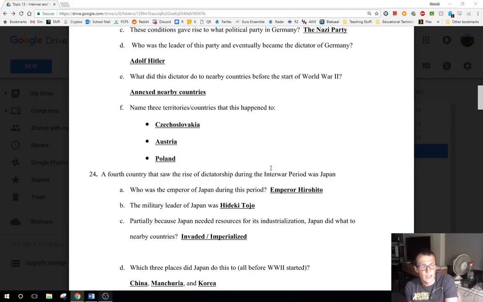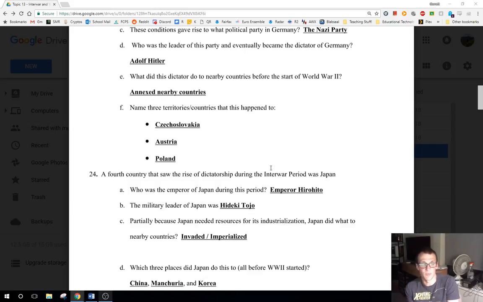Hideki Tojo, and we know that they are going to be responsible for invading a number of Asian countries and having this mentality of them being a better race compared to the other Asian cultures in Japan and in Korea and in China and in Korea in particular, right?